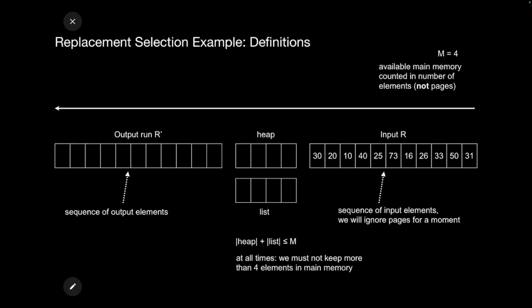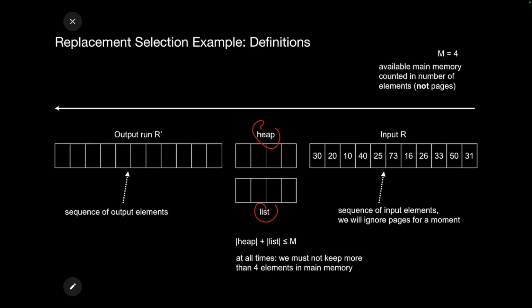So here, the input is on the right, and I'm saying that I have 4 elements that I can put in main memory. And I'm sharing the memory between a heap and a list. So in a practical implementation, that means you have an array, if it were C++, and the first part could be the heap, and the second part could be the list.